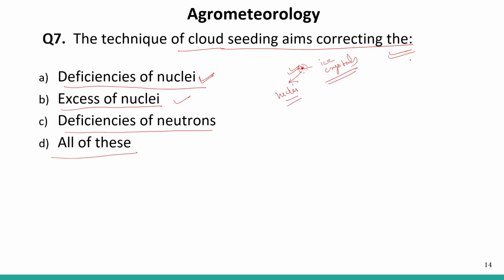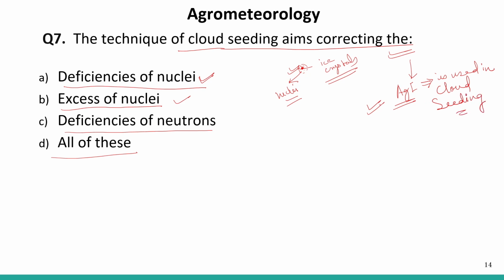So why do we spread this AgI? We have just now discussed in one of the questions that silver iodide is used in the cloud seeding phenomena. It is used in the cloud seeding, right?